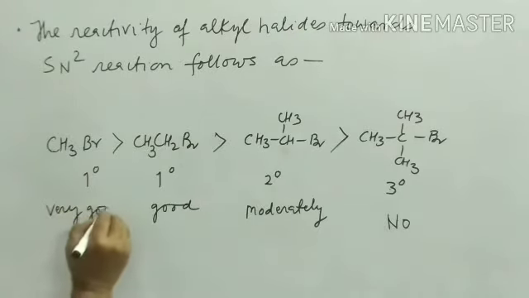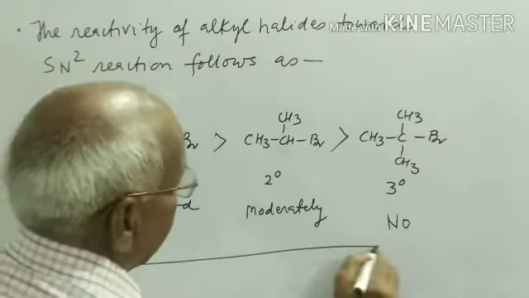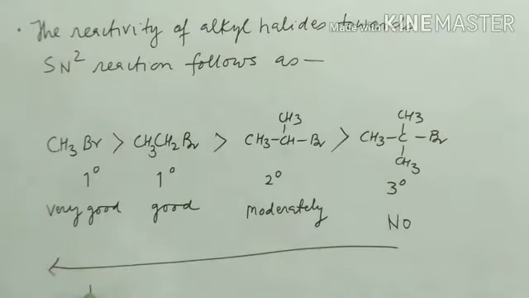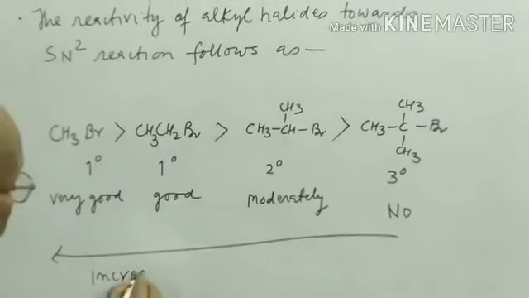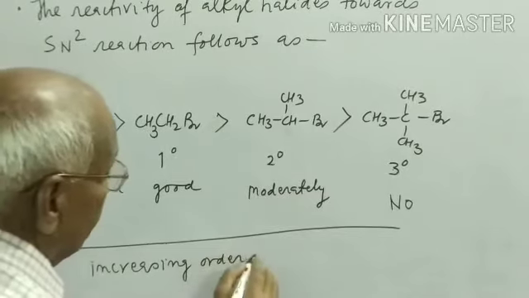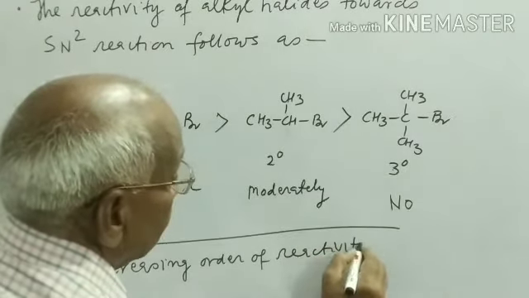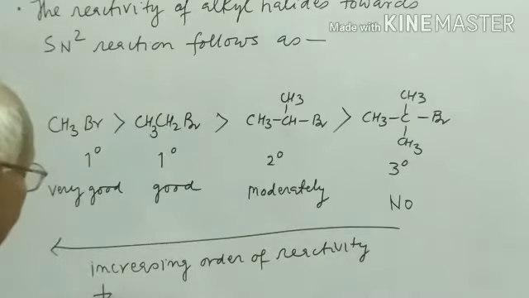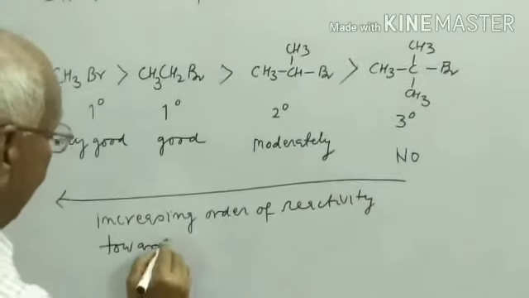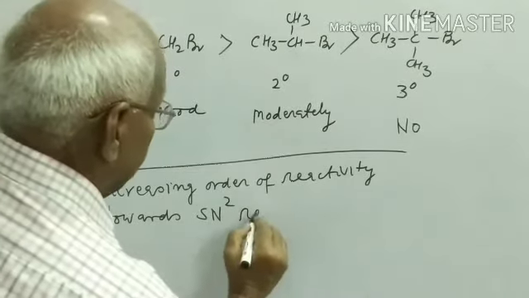So, it ranges from very good to no. So, this is the increasing order of reactivity towards SN2 reaction.